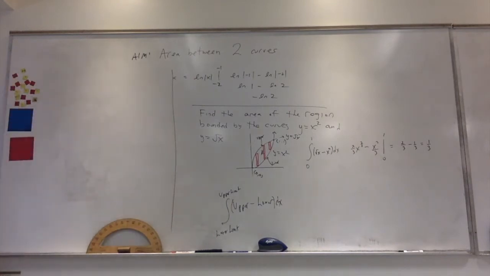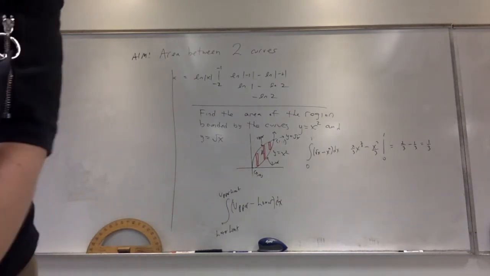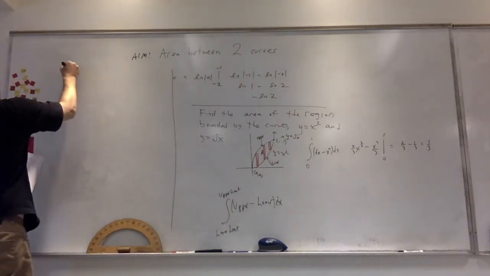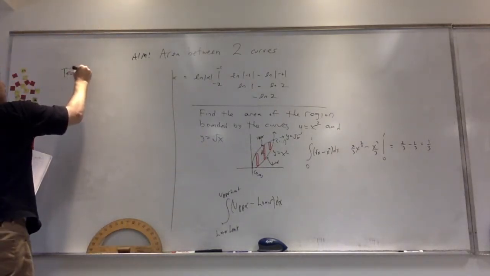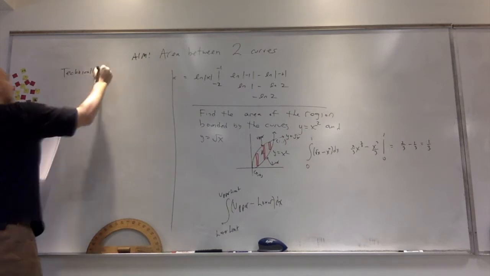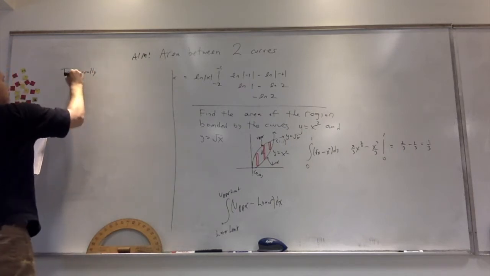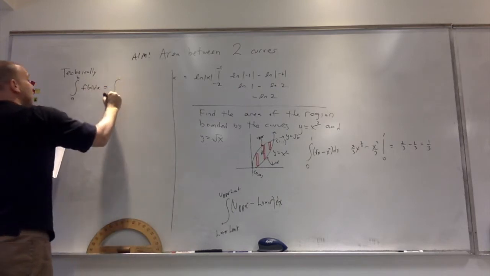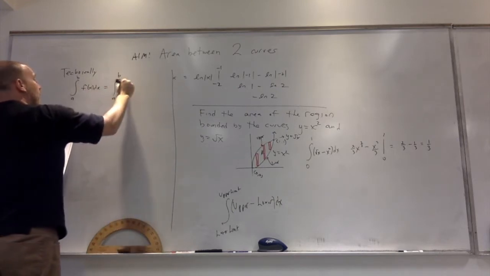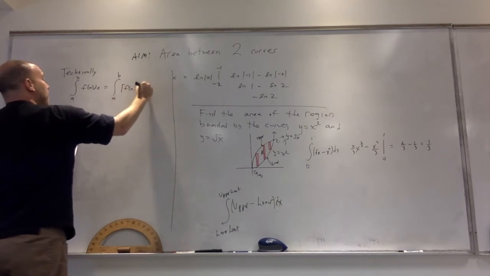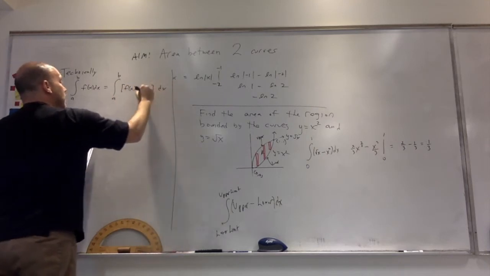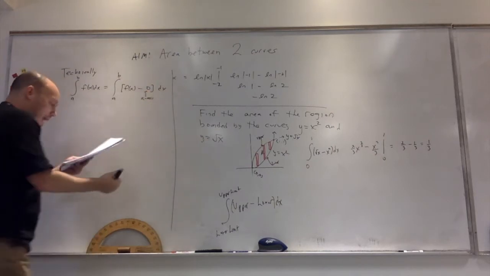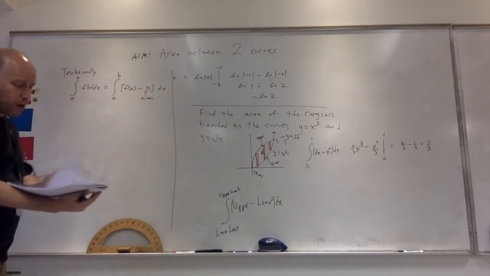Technically, the integral from a to b of f of x dx is the integral from a to b of f of x minus 0 dx, and this is the x-axis. That can be very helpful. That helps us bring our formula together.